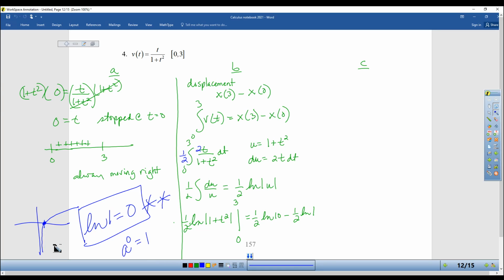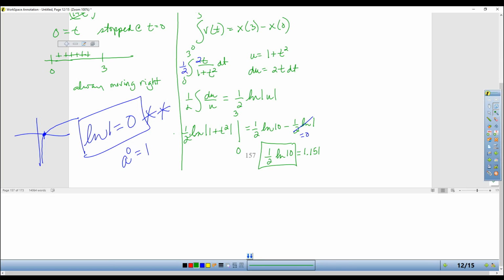The natural log of 1 is 0. Okay. So since this is equal to 0, my final answer for displacement is 1/2 the natural log of 10, which is approximately 1.151.